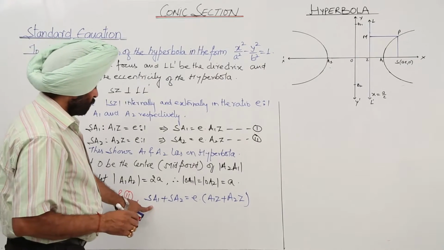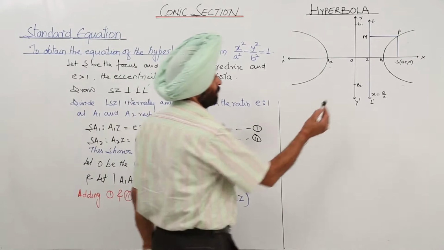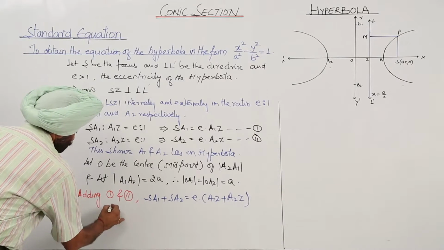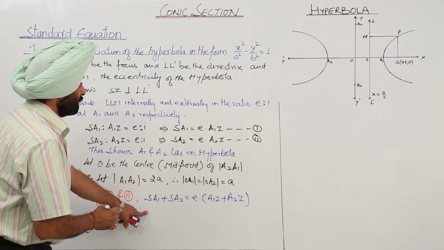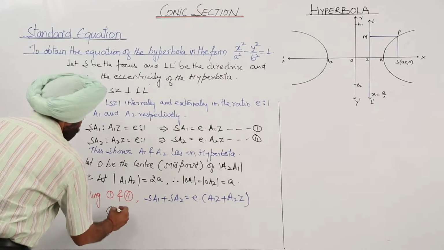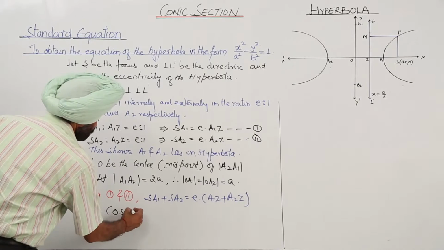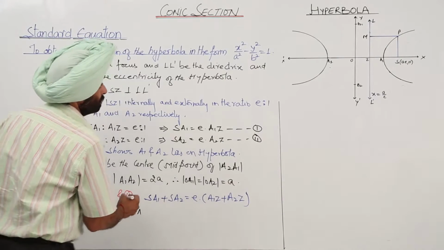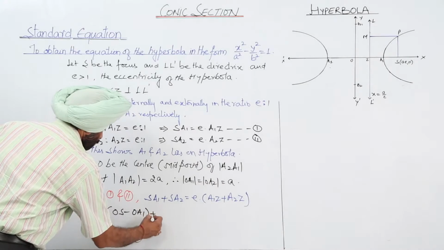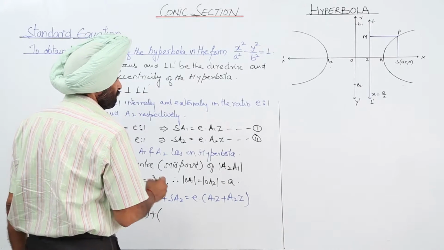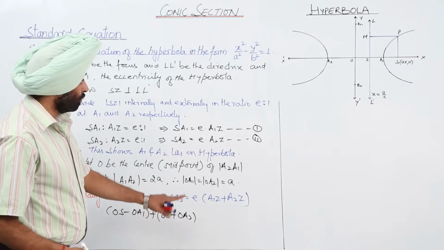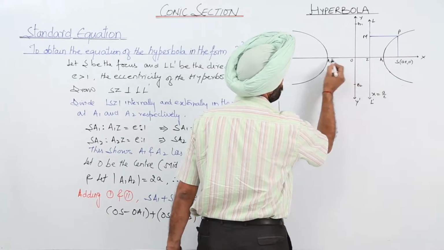Now SA1 is clearly from S to A1, it is OS minus OA1, plus SA2, which is OS plus OA2, from O to S and O to A2.